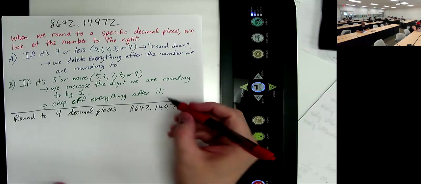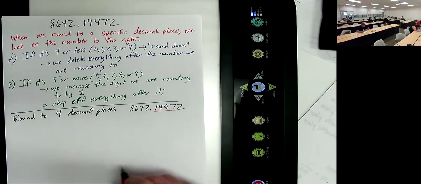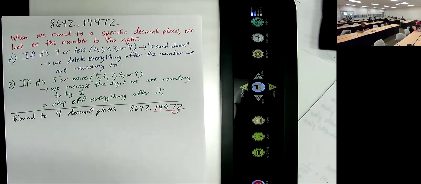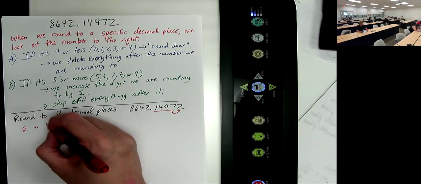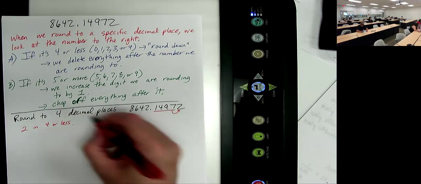So when we do it, we count over 4 decimal places and the 4th decimal place is the 7. We're gonna look at the number to the right of it. 2 is in the 4 or less category. So here we round down.